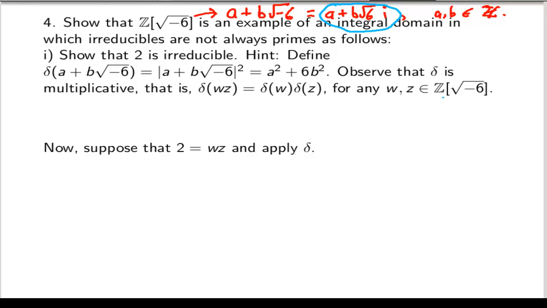Okay, so I want to show 2 is irreducible. So we start by saying, suppose 2 breaks up as a product, say u times v, for some u and v in this domain.